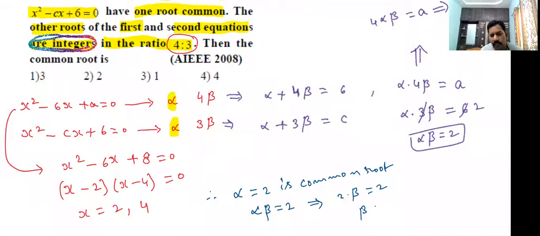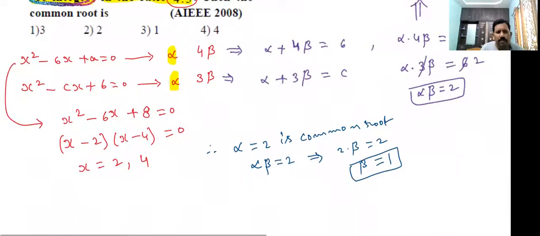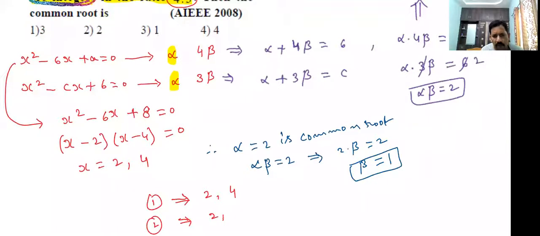Then beta is equal to 1. Finally, the roots of the first quadratic equation are 2 comma 4, beta no, 4 into 1, 4. The second quadratic equation has the roots 2 comma 3. So here observe that finally, what is the common root? 2. Understood, students?